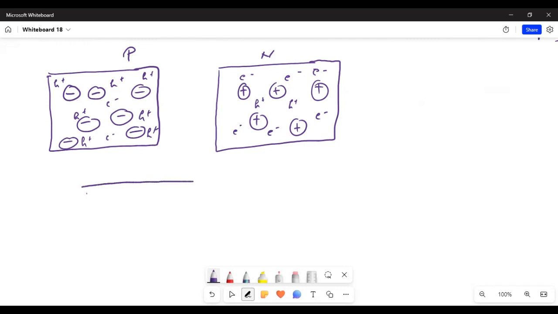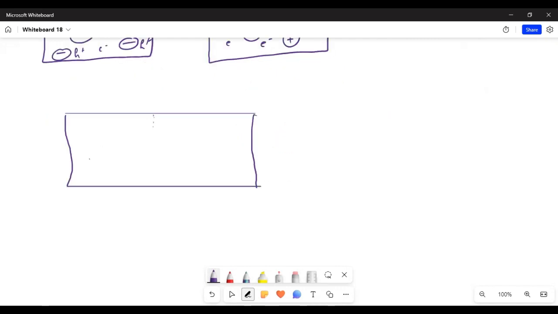P-type and n-type material. Let's say this is the boundary, this is p-type material, and this is n-type material.